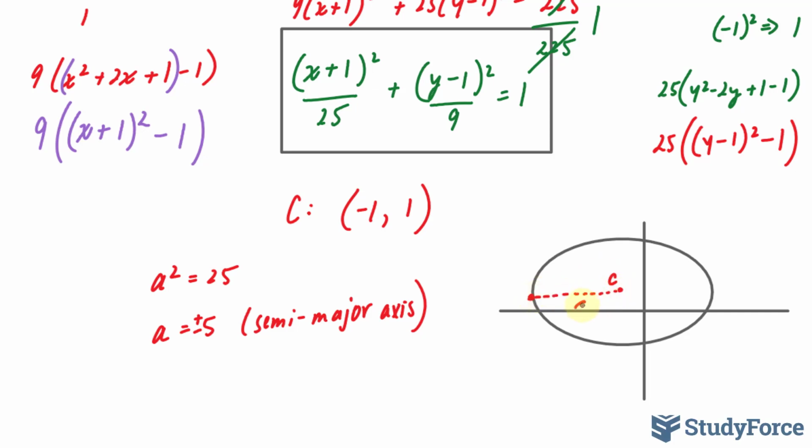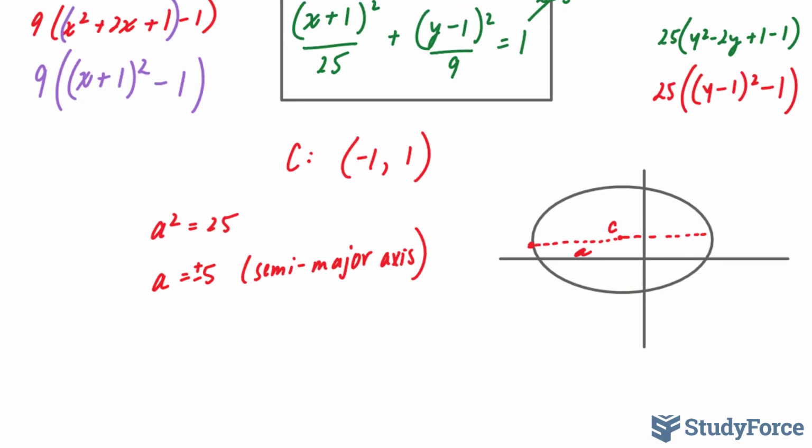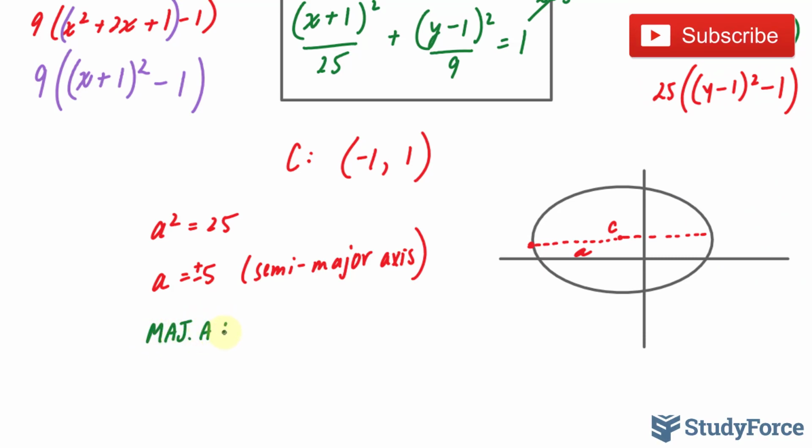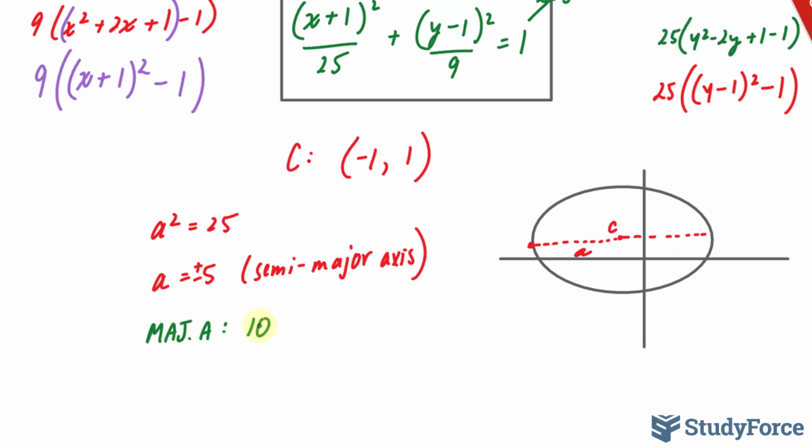That is your A. And it's called semi-major because it's halfway. So to find the major axis, you multiply it by 2. If we multiply 5 by 2, we get the major axis. Major axis is 10.